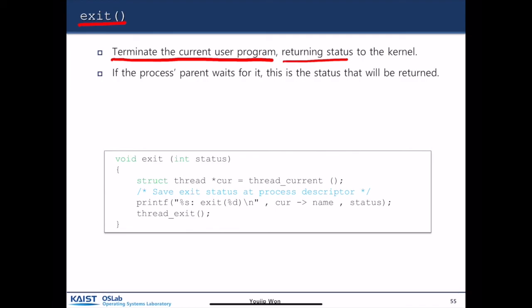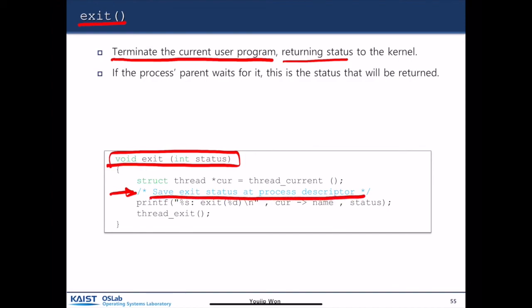So in the existing exit body, you have to add the code to save the exit status in the process descriptor, which is the structure thread. And then you also have to print the exit status and the name of the thread. And then you call thread exit.